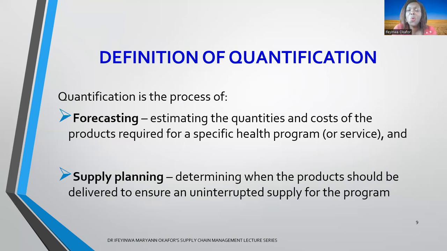I can simply define quantification as the process of forecasting and supply planning. I can also define quantification as the process of estimating the quantities and the cost of products required for a specific health program, and also determining when the product should be delivered to ensure an uninterrupted supply for the program.